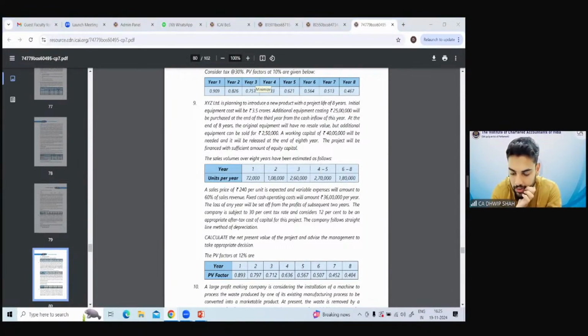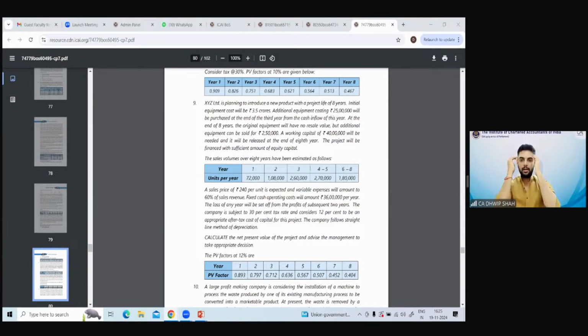Cash outflow. For which question are you asking, Shravani? Question 9. Yes, this 25 lakh is additional equipment that we have purchased. So obviously it is an outflow, but it would happen at the end of year 3. So we will discount that cash outflow as well. And in addition to buying this equipment, we have working capital investment.